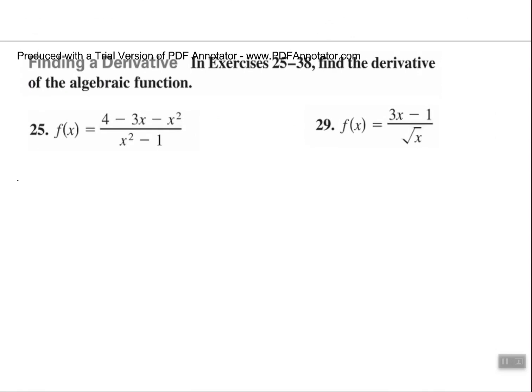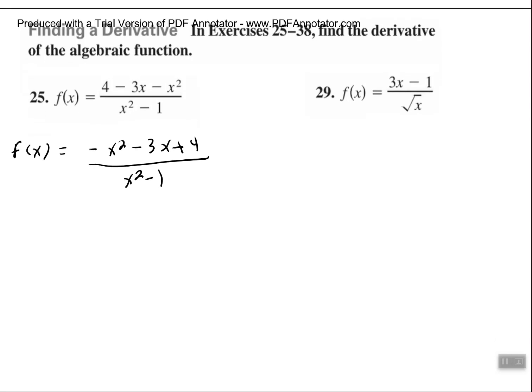So how about we rewrite the numerator, rearrange it, descending variable order there. And how about we factor out a negative from the numerator. Factor out a -1. So that makes positive x squared plus 3x minus 4.